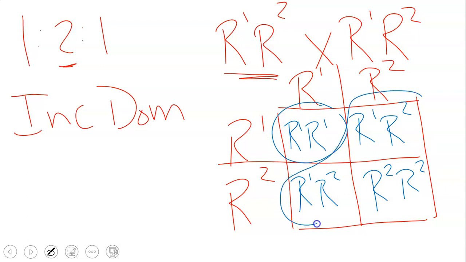These 2 heterozygotes, so R1, R2, are going to be my pink flower producing plants, and this last square here, R2, R2, is going to be my 1 white flowered plant. Okay, so again, that was number 1, and the answer here is incomplete dominance, and again, your Punnett square is your proof. Let's go to number 2.